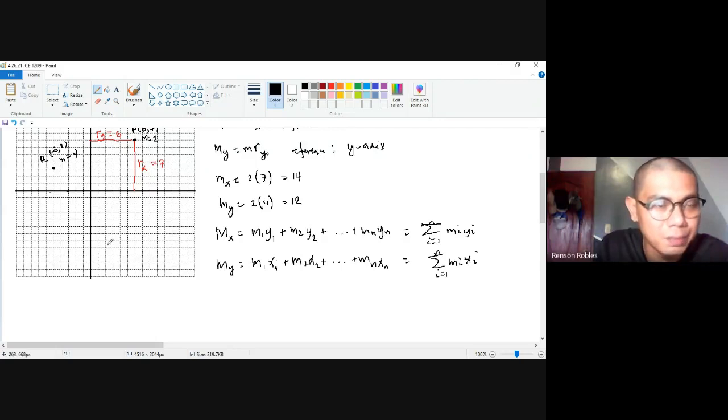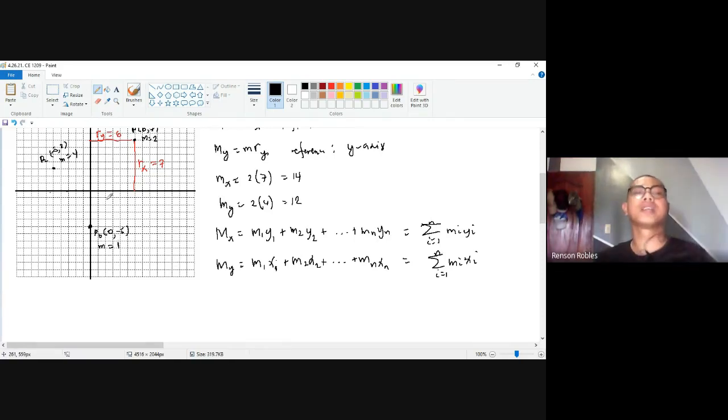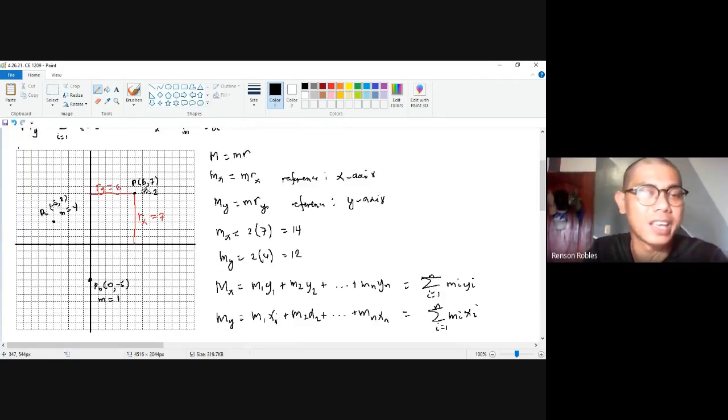And then another point, somewhere here, P3 located at 0, negative 5 with mass equal to, let me see, say 1. Then let's compute the moments of mass of this system. The system consists of 3 particles.